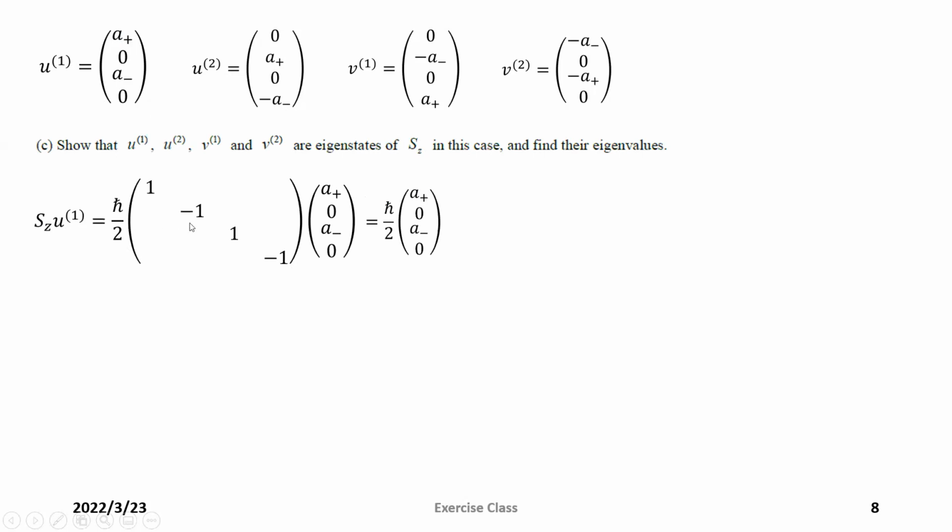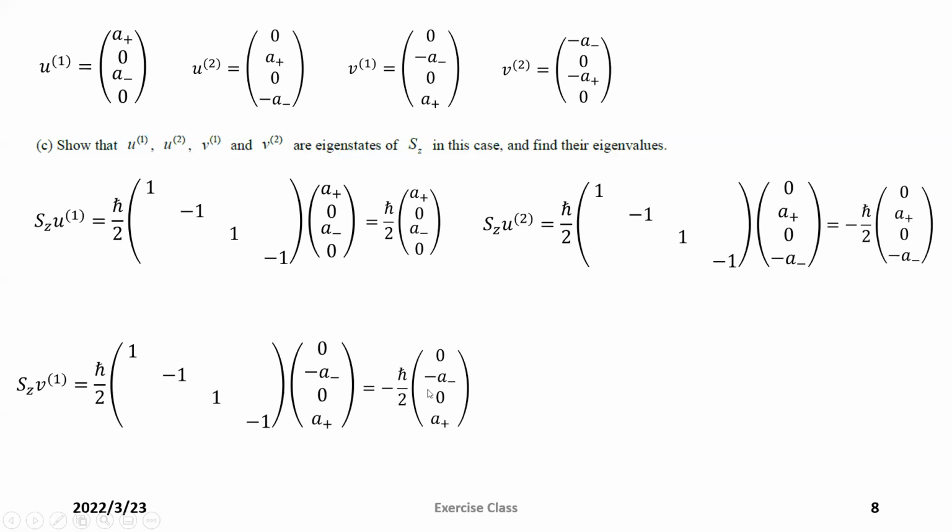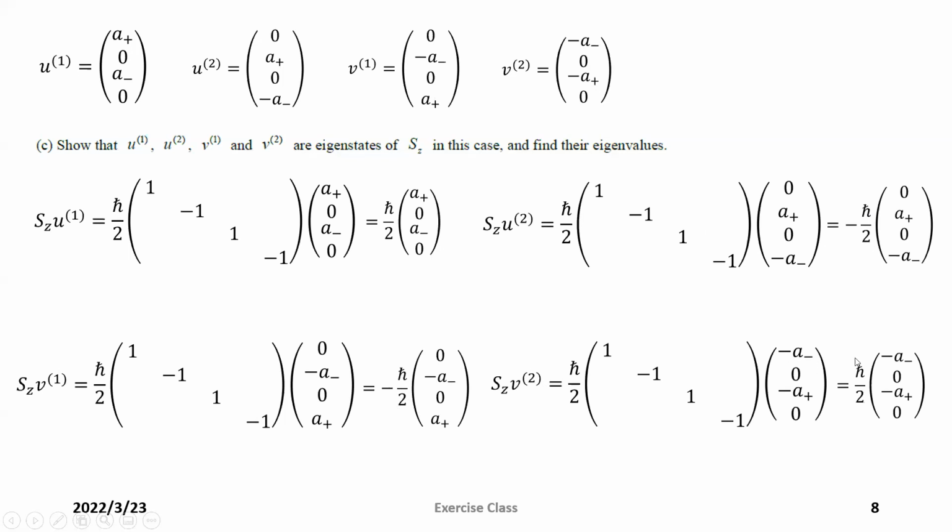For U1, we can find that it is an eigenstate with eigenvalue h bar over 2. And for U2, it's minus h bar over 2. And for V1, it's minus h bar over 2. And for V2, it's h bar over 2.